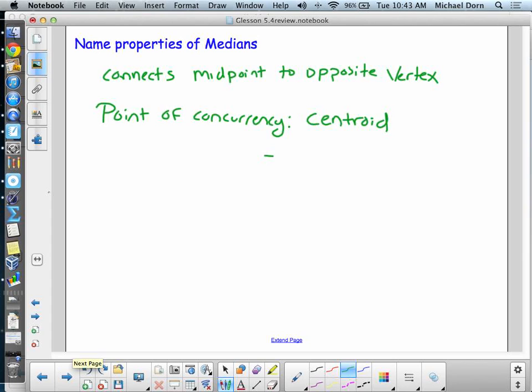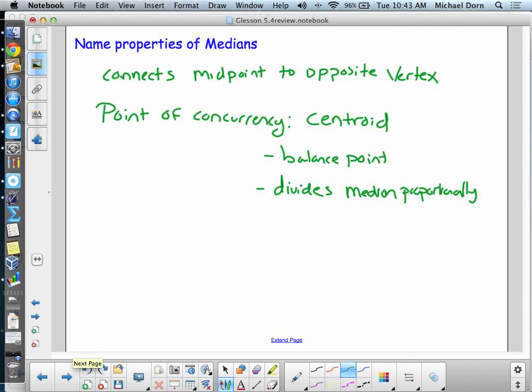We know that is the balance point. But more importantly, we know the centroid divides the median proportionally, 2 to 1.